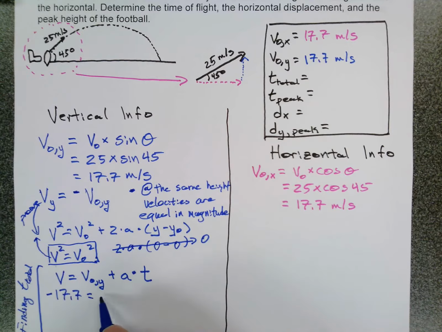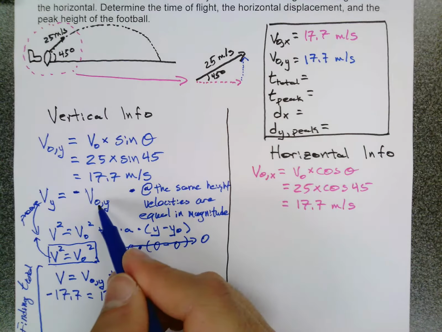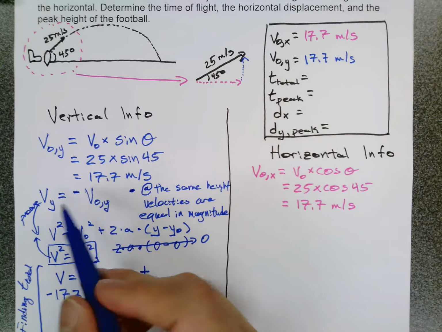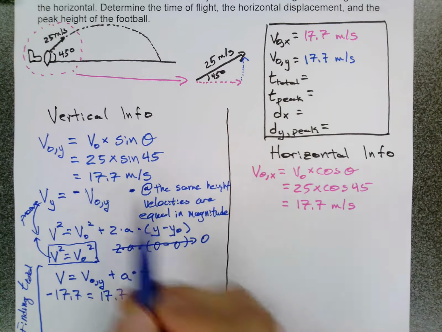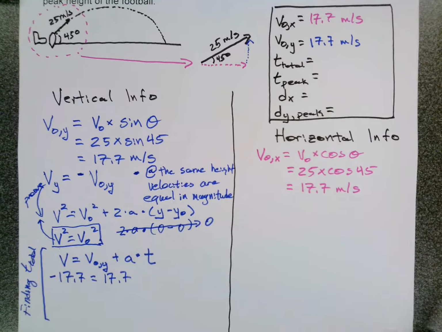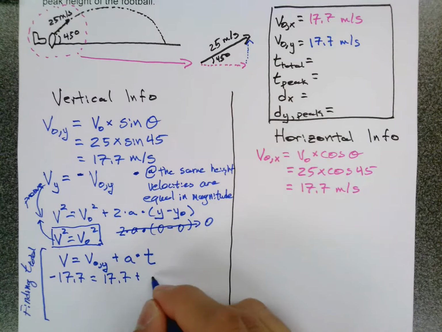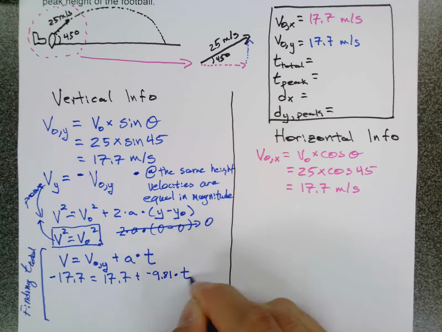Our initial velocity is 17.7. This negative 17.7 came from right here, where our final velocity is the negative of the initial velocity, plus our acceleration is negative 9.81 times t.